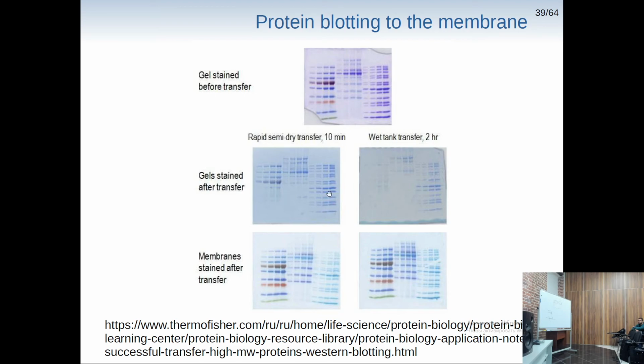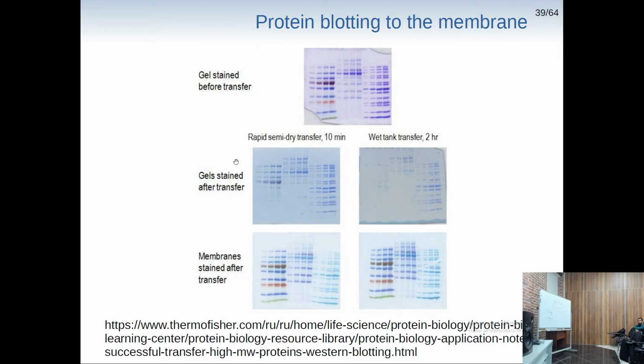And as you can see, as I've mentioned, there are systems which allow you to make this transfer pretty fast, under 10 minutes, even 7 minutes for some systems. And with wet tank transfer, it takes hours, but as you can see, the efficiency of such transfer for wet tank is higher. So if you work with a really small amount of protein, wet tank is preferable.